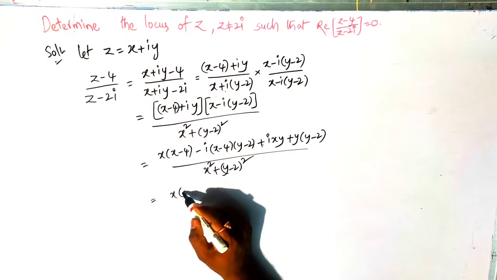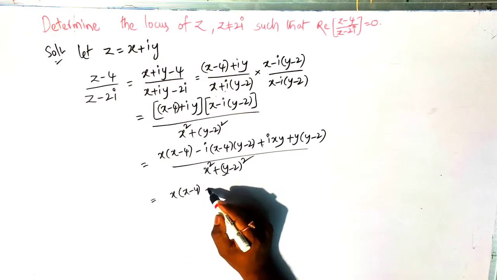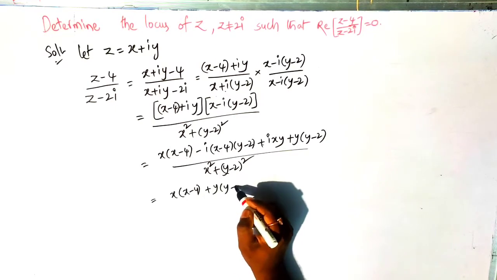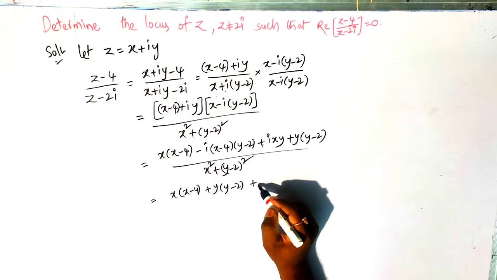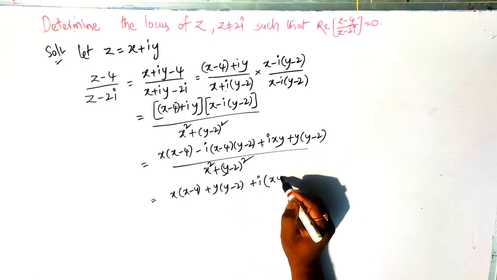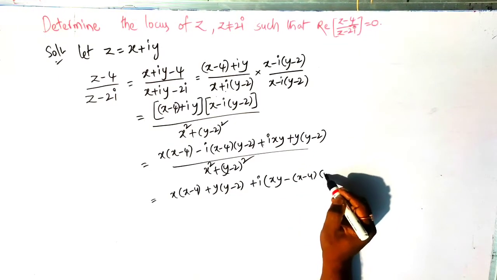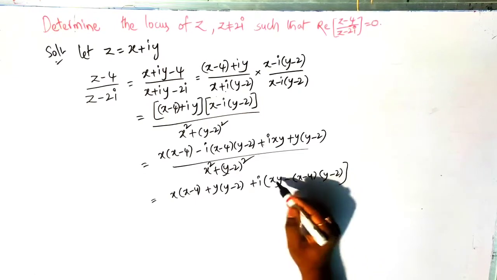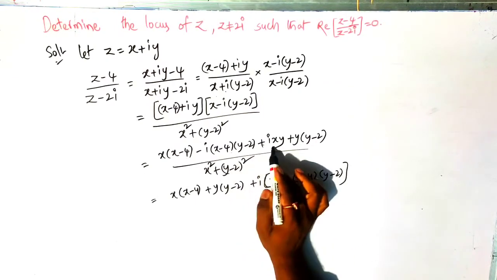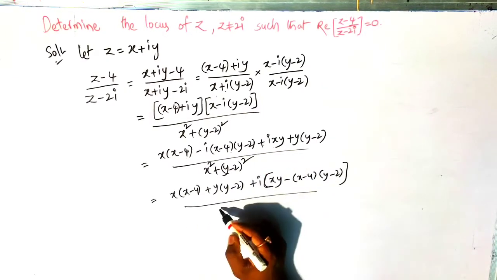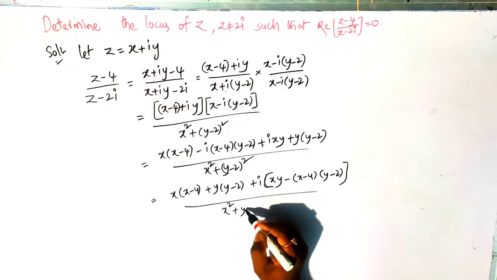So first of all we write the real part, x of x minus 4 plus y of y minus 2, plus i of (xy minus x minus 4 y minus 2). This is the imaginary part, and x square plus (y minus 2) whole square as it is.